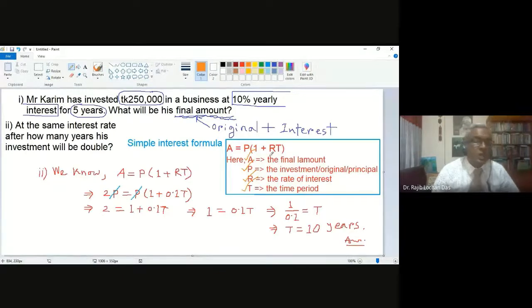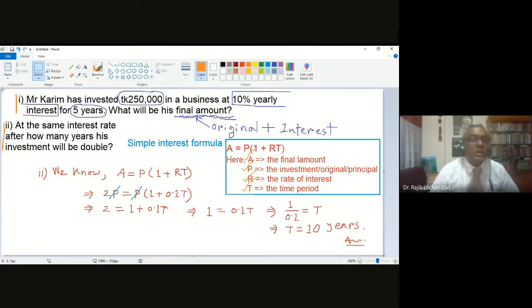So try to understand by reading the question what the given things are and what you will find out. Then it will be easy. So this is it for the percentage and interest calculation. Some more interest calculation I will discuss in the last part of the semester, not now, because there are some other things we need to learn.